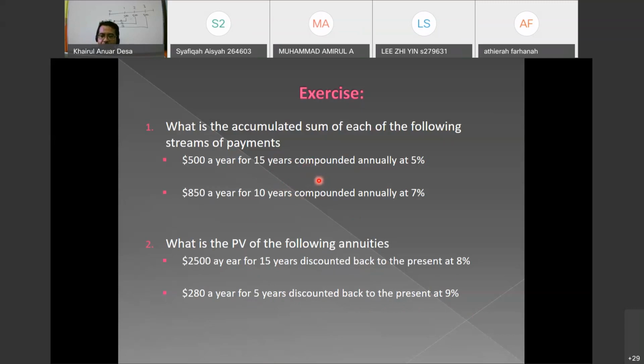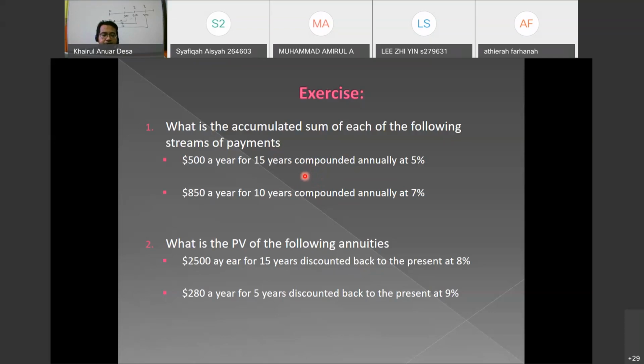Saya ulang, jika mana-mana soalan tidak menyatakan dengan jelas sama ada pembayaran tersebut berlaku pada awal atau akhir sesuatu tempoh, kita kena andaikan bahawa pembayaran tersebut berlaku pada akhir tempoh. Because of what? Because kebanyakan, most of the payment in our real life happen at the end of the period.